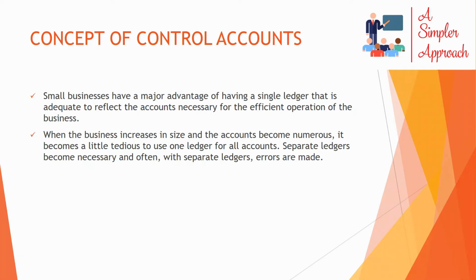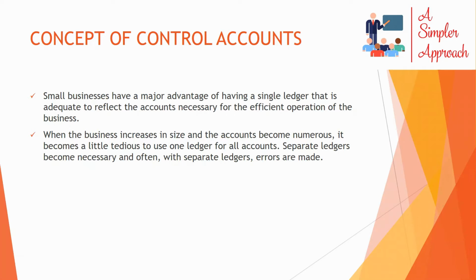Okay? Awesome. Over time, as the business increases in size and accounts, it gets to the point where the single ledger system that was being used when the business was small is no longer adequate to reflect the business's size and increase in accounts. So what becomes necessary now is a separation of the ledgers. There is a need to operate various ledgers.